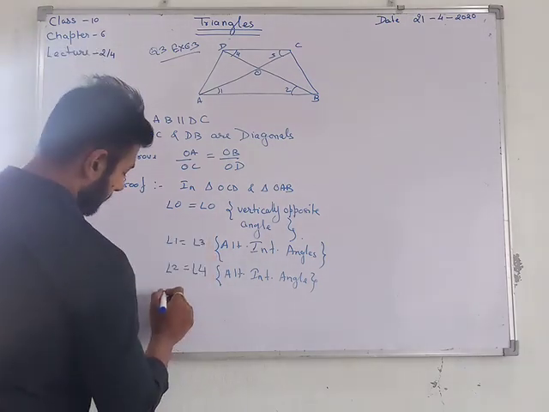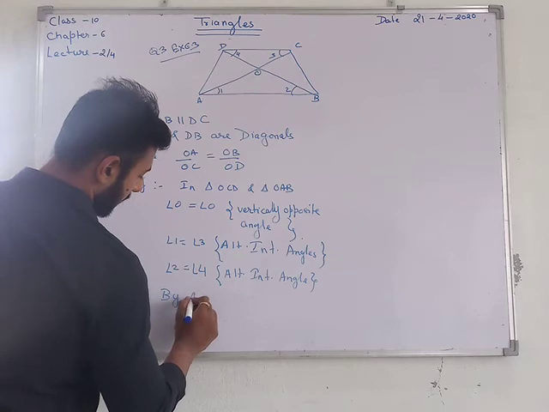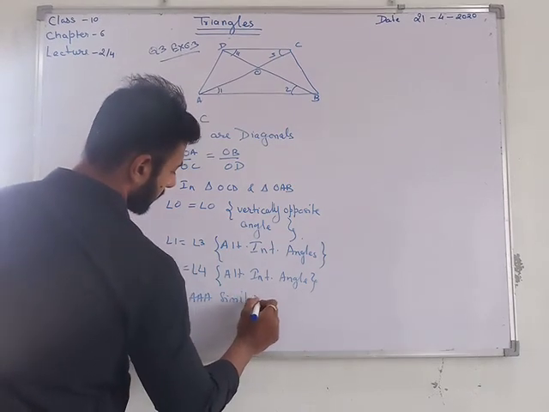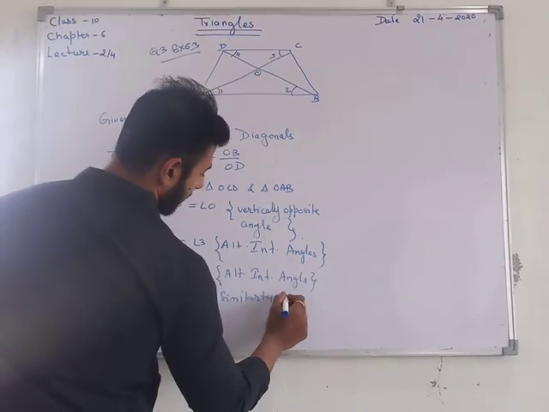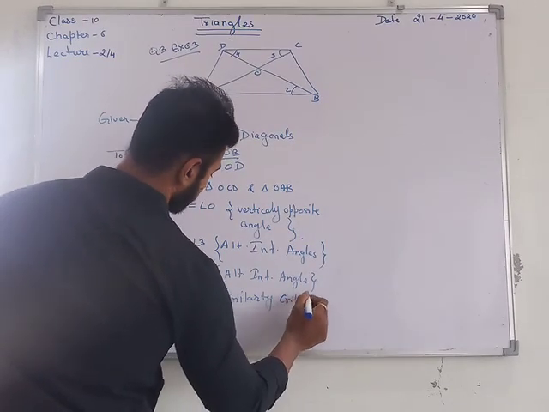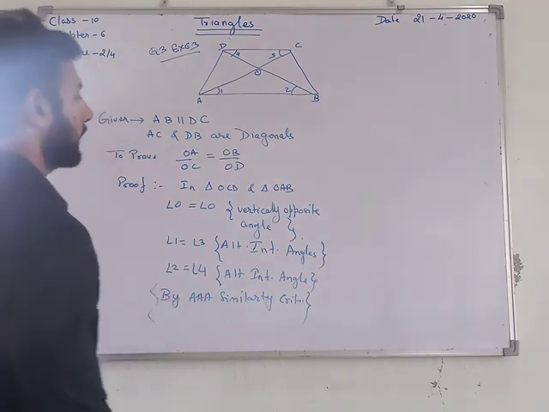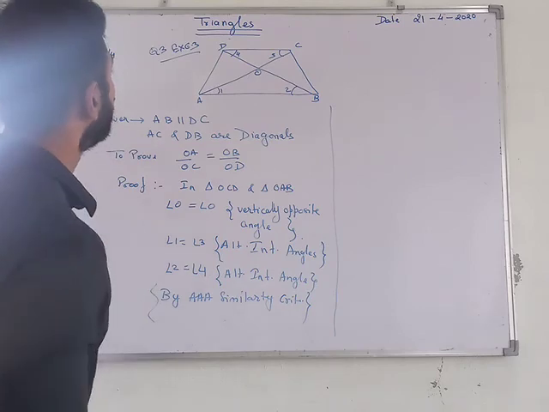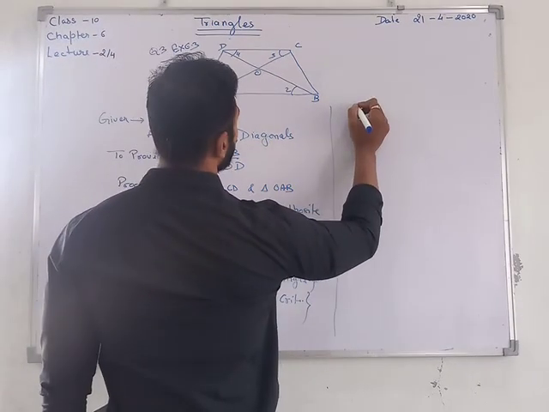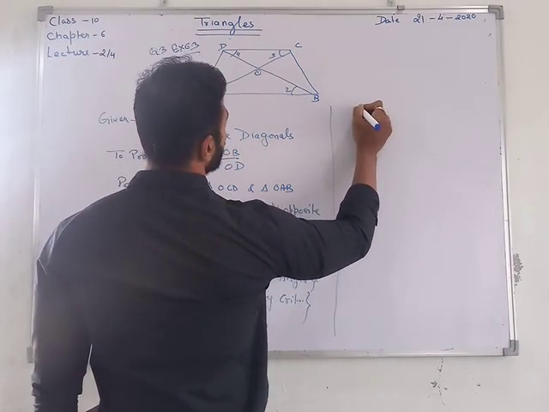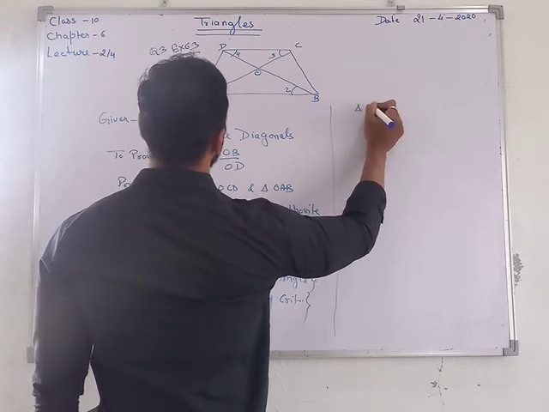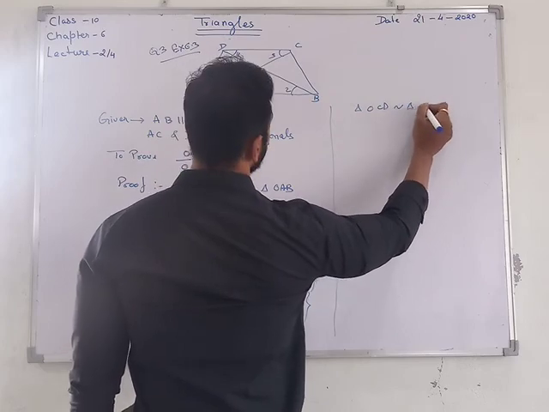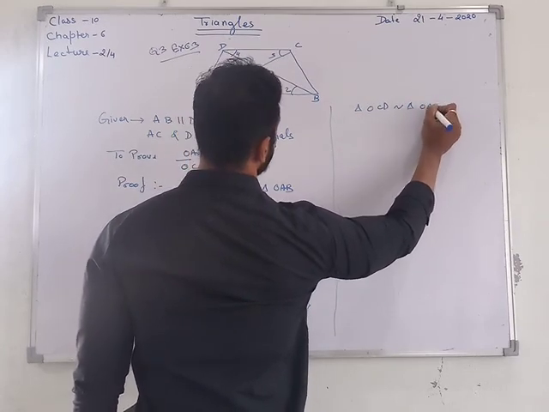By AAA similarity criteria, we can write that triangle OCD is similar to triangle OAB.